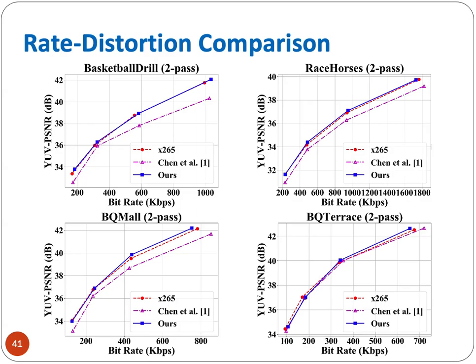This slide shows the RD performance compared with our Dual-Critics, single-critics, and H.265 two-pass approach. Since the two-pass is a stronger approach, this time our Dual-Critic method shows a comparable result compared with the two-pass H.265.